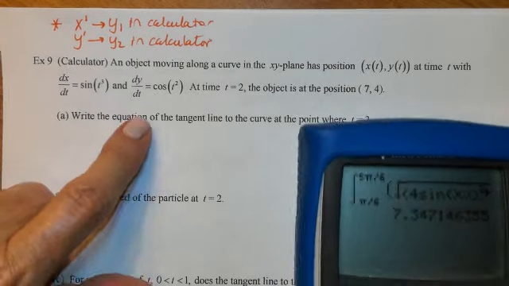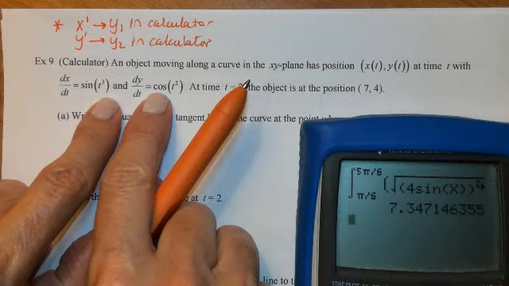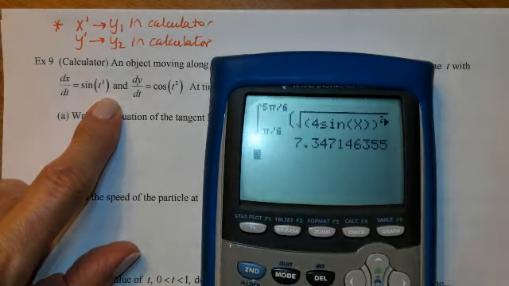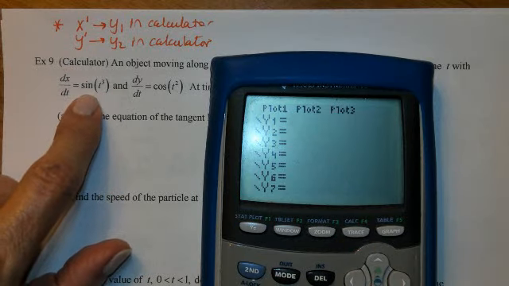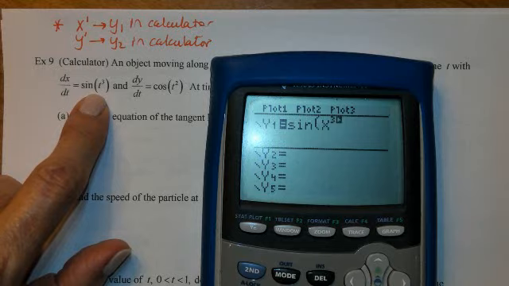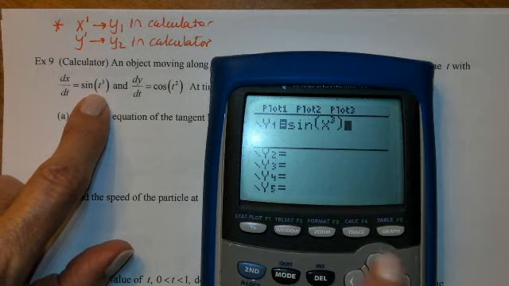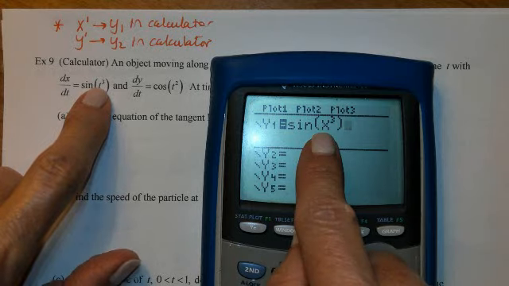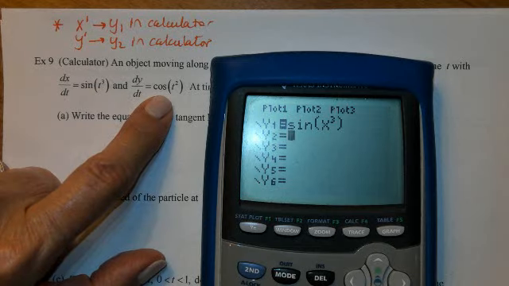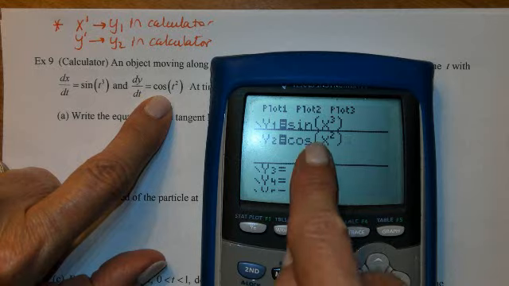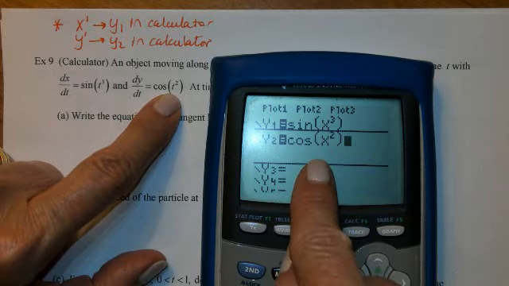In this case, they gave us x prime and y prime. So in for y1, I'm putting x prime, where I'm letting my calculator's x be the t. And in for y2, I'm putting cosine of t squared, where I'm letting my calculator's x be the time.